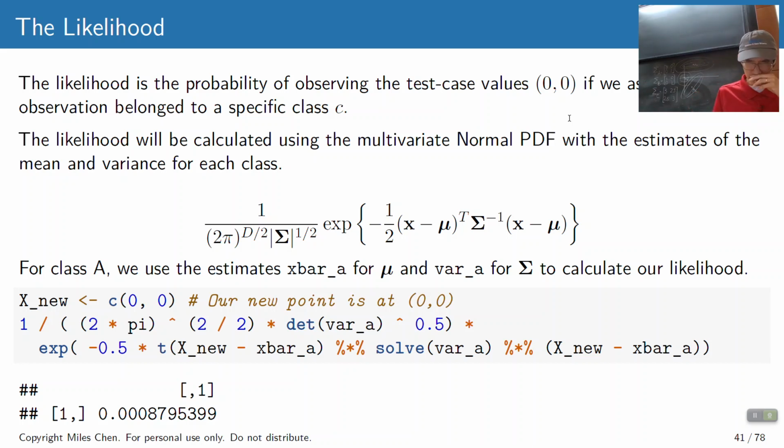So I could use the PDF of the multivariate normal distribution, and I would have to do it like this: 1 divided by 2 times pi raised to d over 2, which is 2 over 2, times the determinant of our variance raised to the 1/2, times e to the negative 1/2, times x new, our new observation of 0, 0, minus x bar, transpose, times the inverse of the variance, times x new minus x bar, and I get this number, 0.00087, okay?